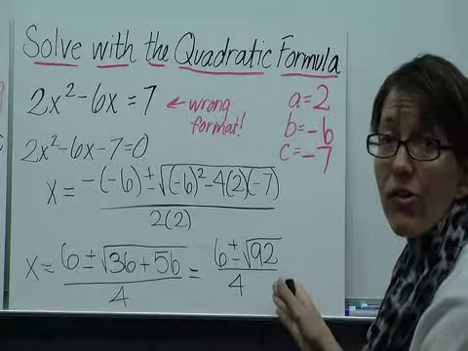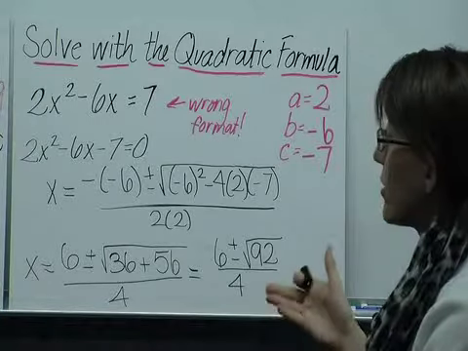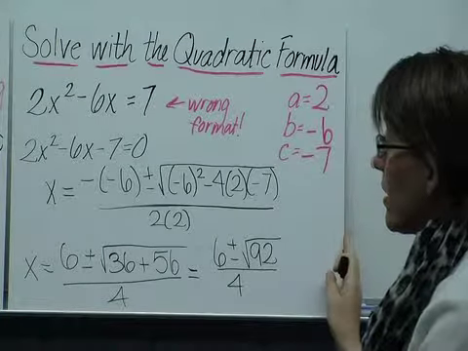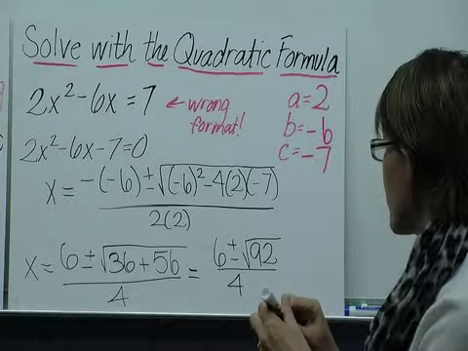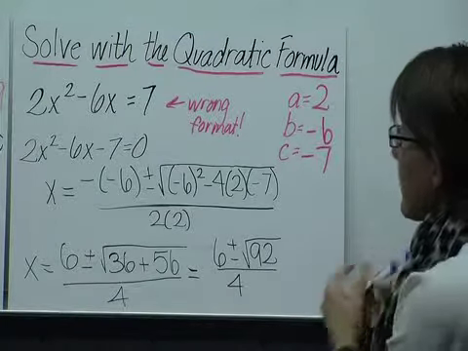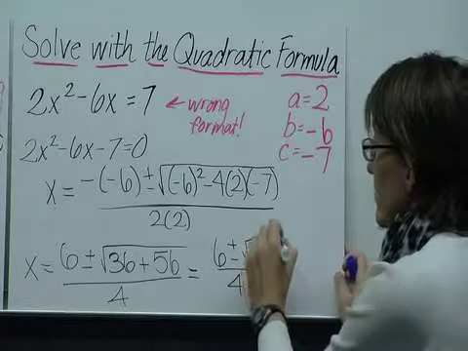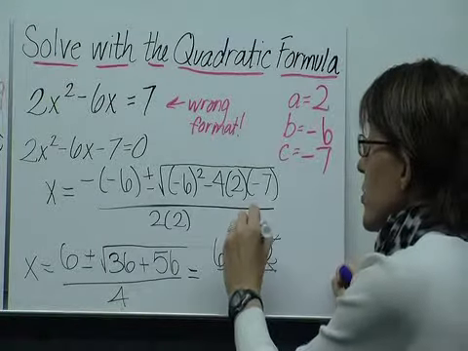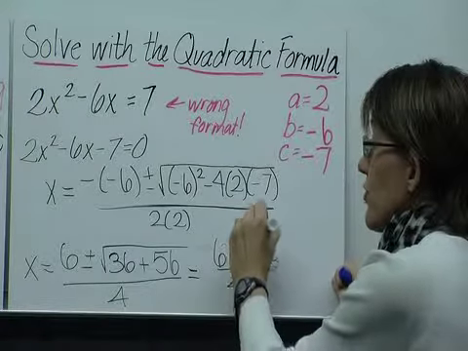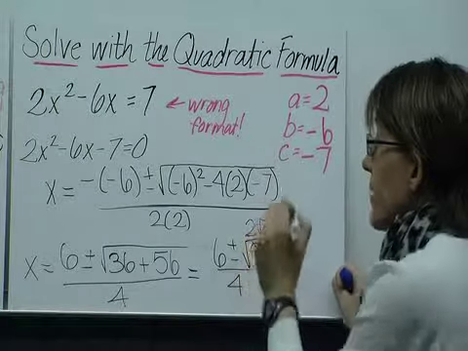92 is not a perfect square. Generally, I'm going to write this as a condensed answer. I can reduce this radical. 4 divides into 92 23 times, so this is 2 radical 23.